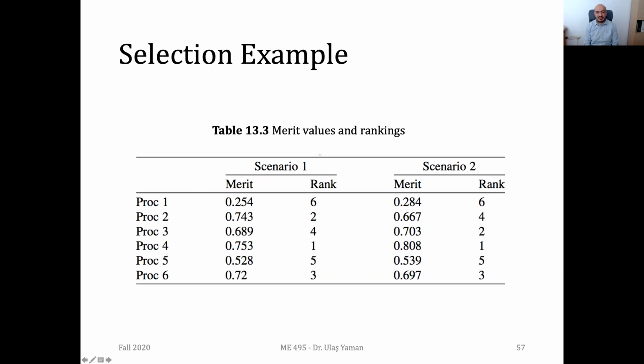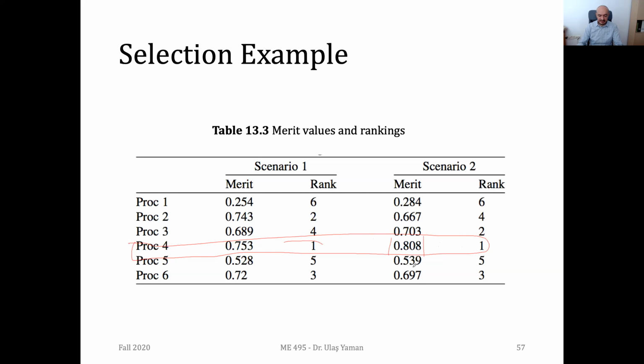So these are the things I mentioned, and you'll see these are the results. What is the best one? See, the fourth process is the best one. The score is 0.753, and the closest one is the second one. If all the properties have equal importance, then again the fourth one will be the best solution, the best additive manufacturing process, and the other ones, as you see, have lower scores.